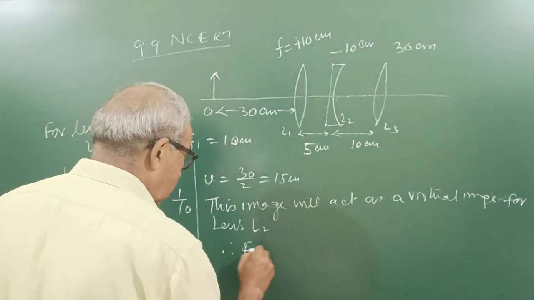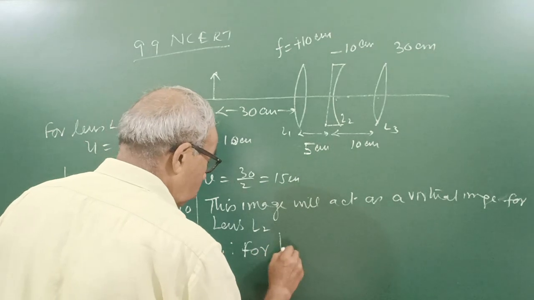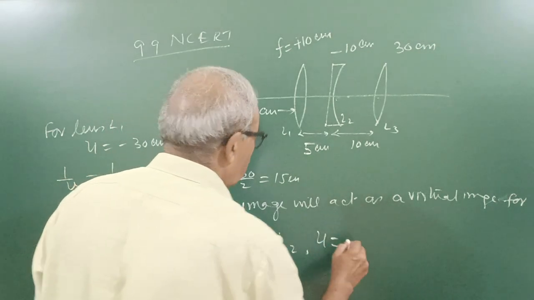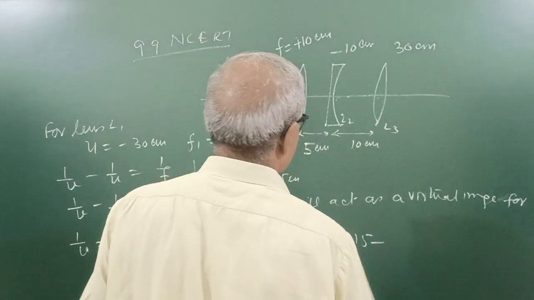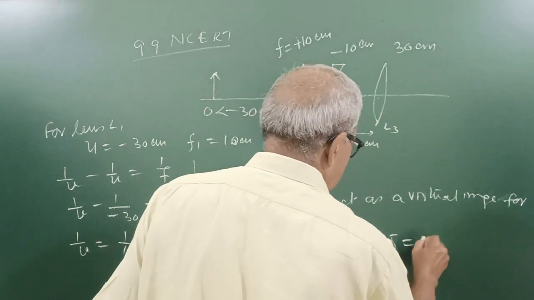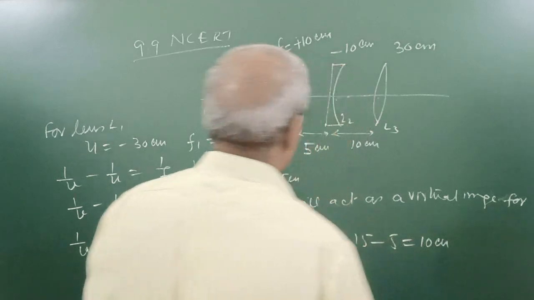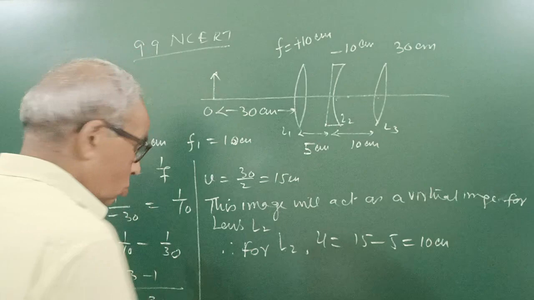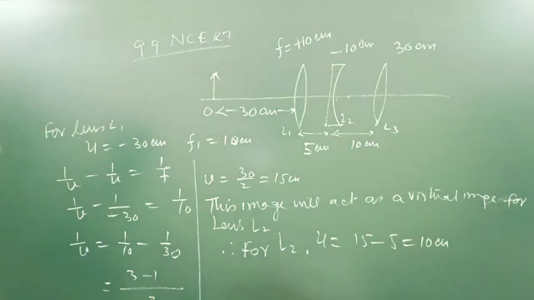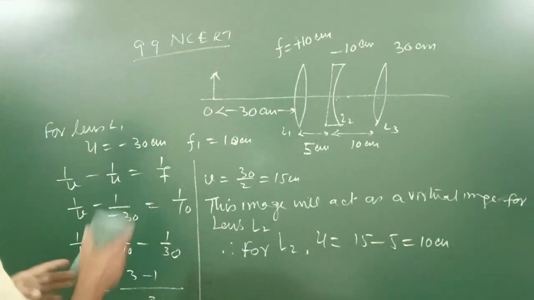So for L2, u is equal to 15 minus 5, 10 centimeter. That denotes the matter of concern.